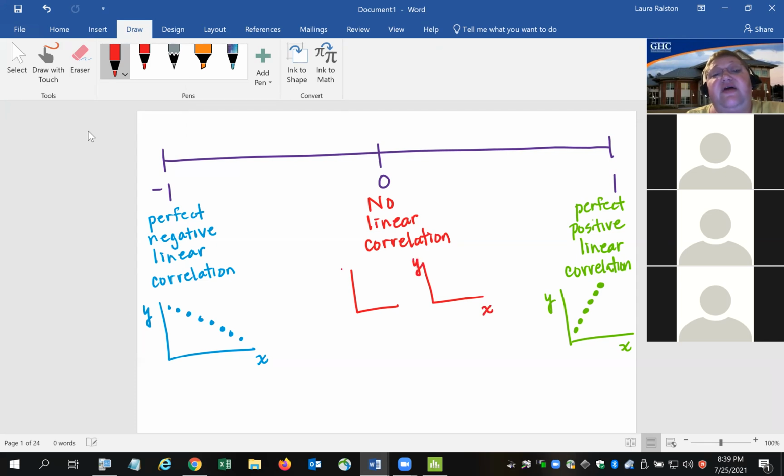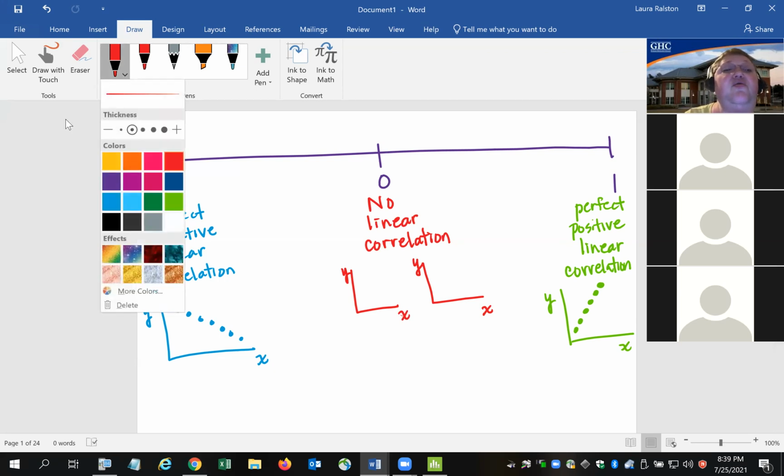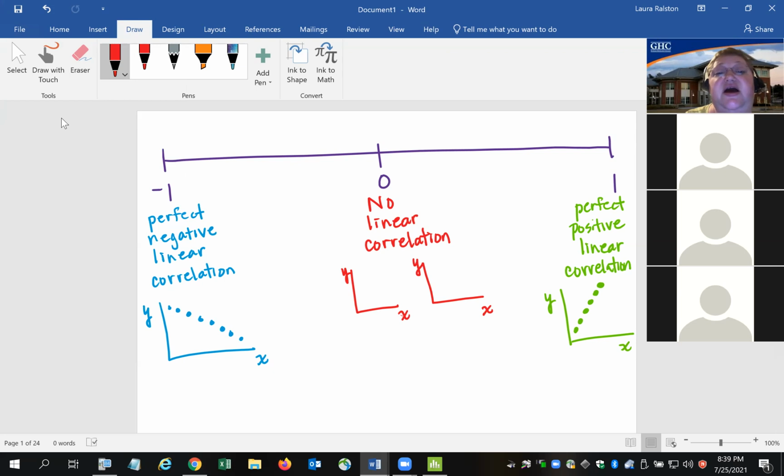If you have an R value that's close to 0, it might be that there's just no rhyme or reason to the dots. It's just a bunch of random dots all over the place. Looks like paint splatter. Okay, and there's no rhyme or reason to it.